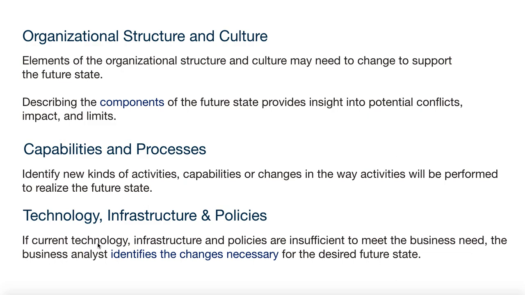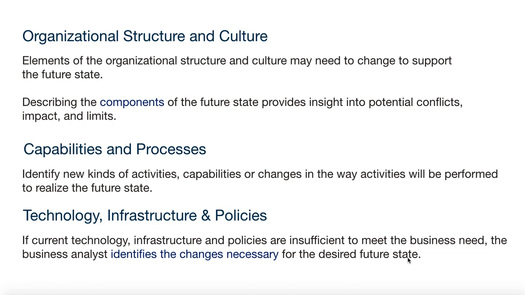The next one is technology, infrastructure, and policies. So, if current technology or the infrastructure and policies are insufficient to meet the business needs, then the business analyst identifies the changes necessary for the desired future state.